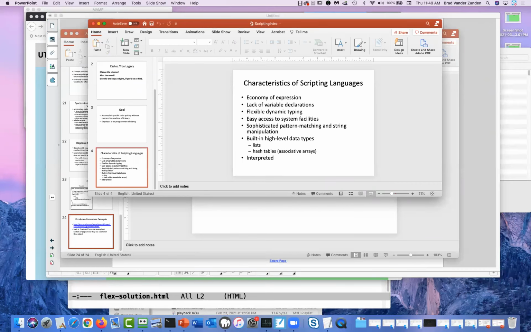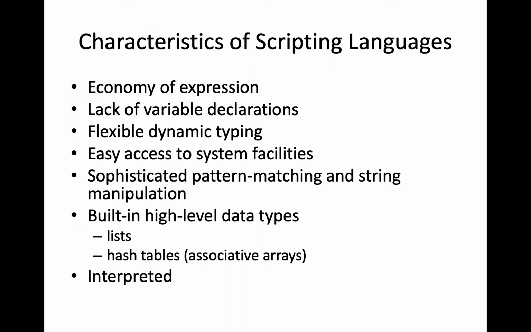And some people don't like that because it can make it hard to find type errors. The scripting languages will frequently go ahead and try to convert stuff. Like if you have something like A equals B plus C, and say B is a string and C is an integer, then a compiled language would probably or might give you an error message saying those are incompatible types.